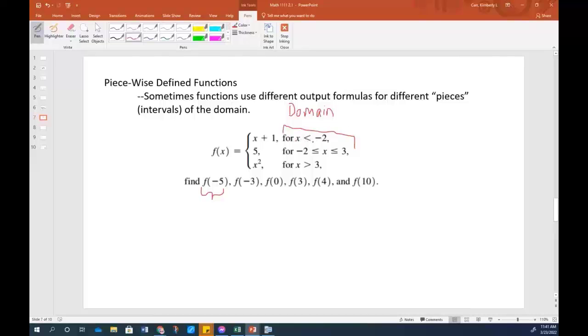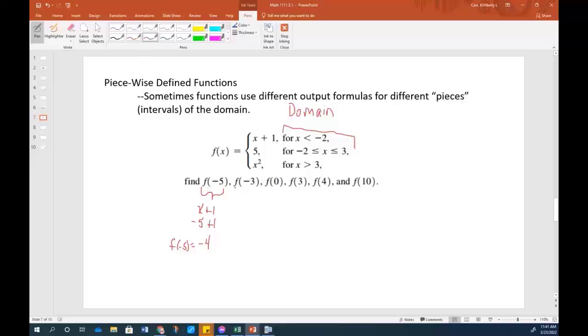Well, it fits into this first one, which means my equation is x plus 1, which means I have negative 5 plus 1, and so I get negative 4. So f of negative 5 is equal to negative 4.